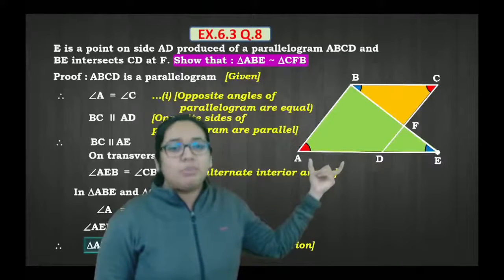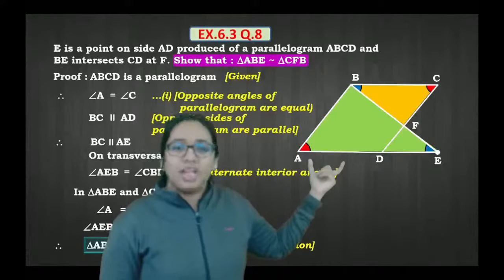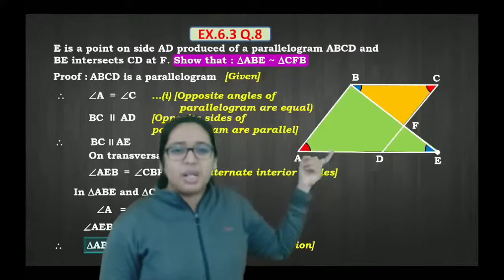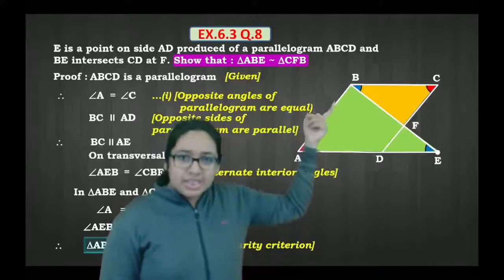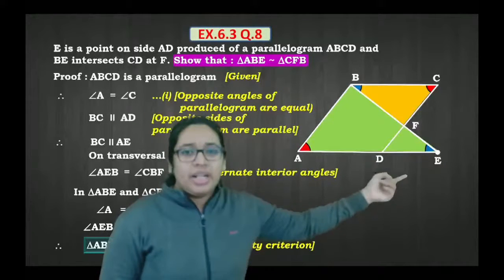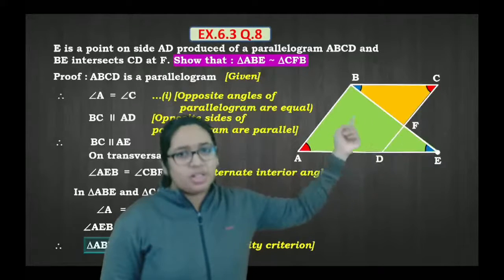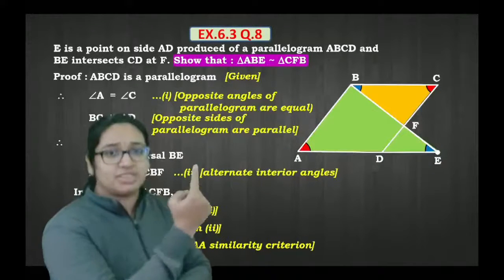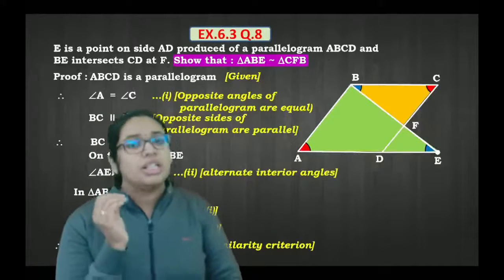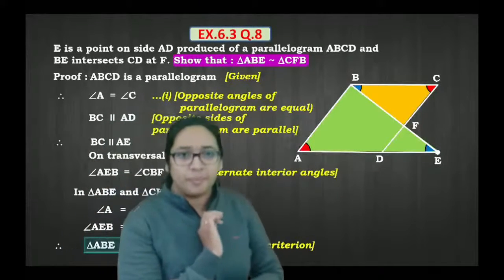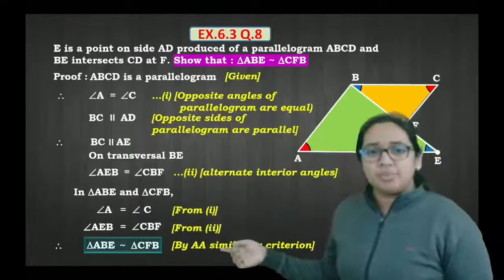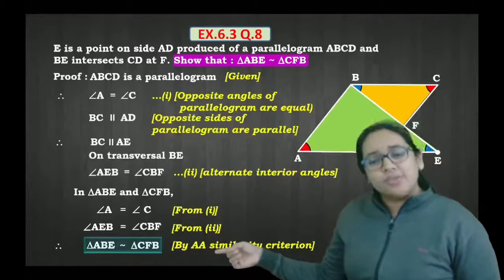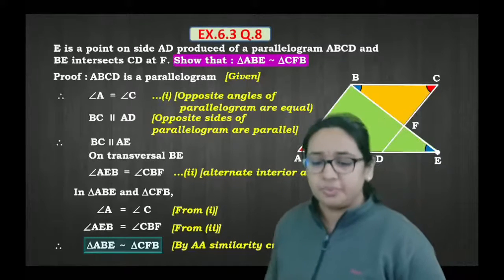So instead of writing BC is parallel to AD, we have used BC is parallel to AE here. And BE is nothing but a transversal. So again, we can see there is a letter Z. Letter Z is nothing but alternate interior angles. Right? So, by AA similarity criteria, we have proved that ABE and CFB are similar triangles.